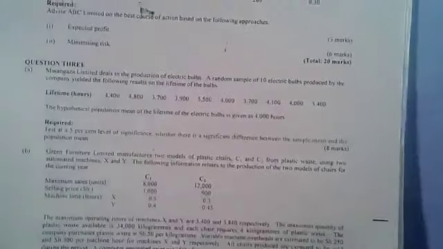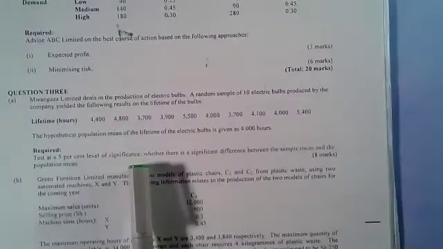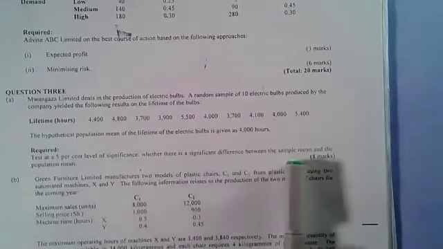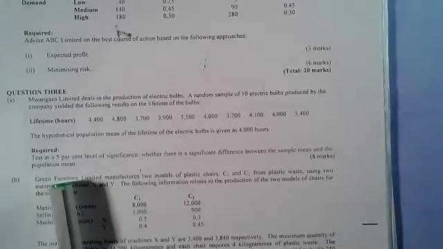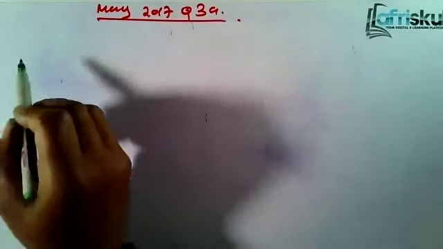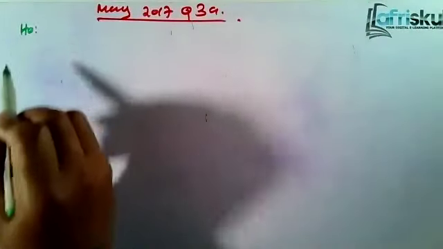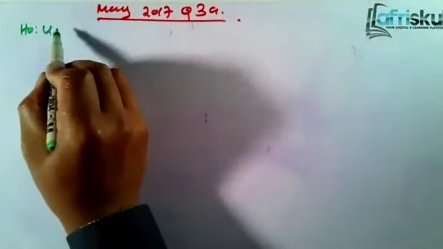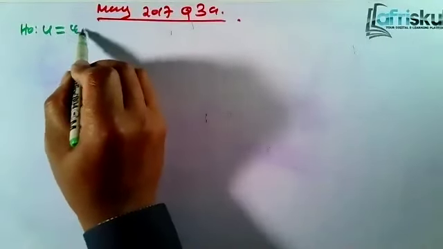So the question is, required, test at 5% level of significance whether there is a significant difference between the sample mean and the population mean. Sample mean and population mean. So in this case, steps, utakuja hapo utasema U is equals to 4,000.